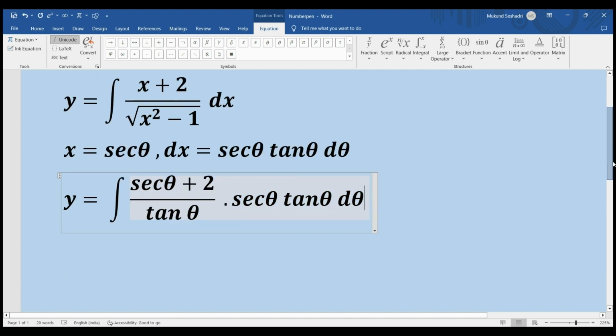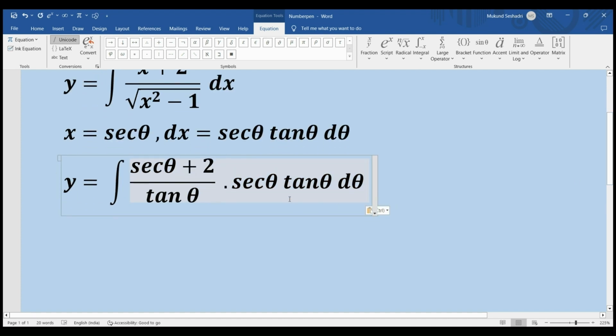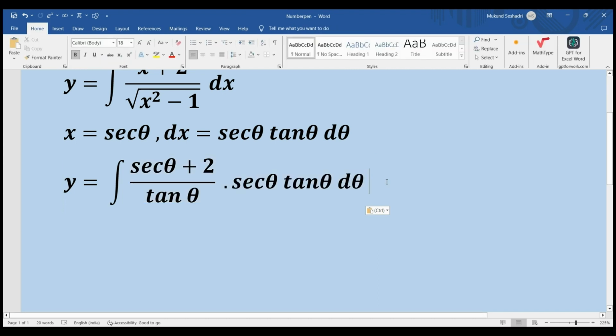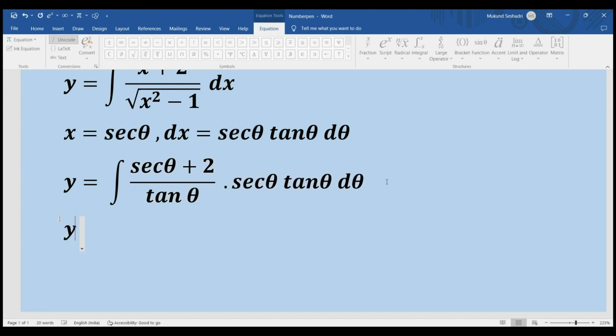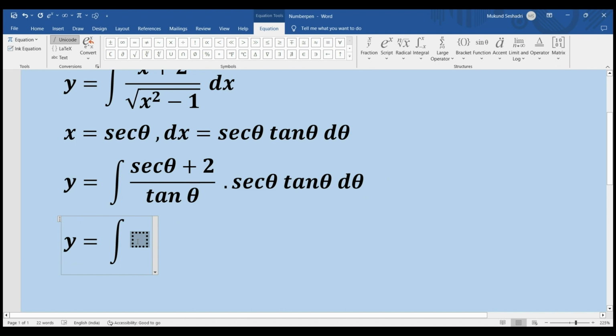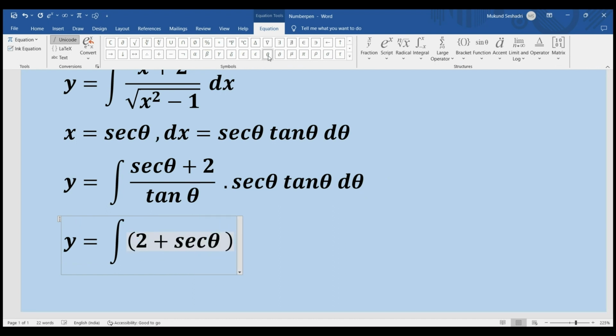So what happens next is I notice that I have a tan theta in the numerator, I have a tan theta in the denominator. So I can remove the tan theta here and I can re-express my y as follows, right? So I get a 2 plus secant theta times secant theta d theta.